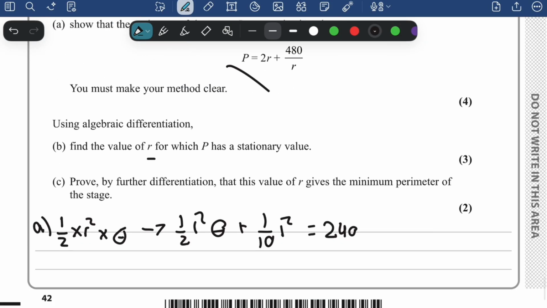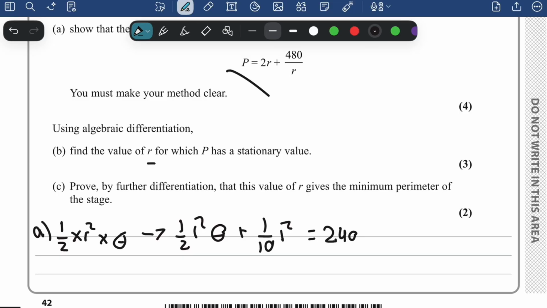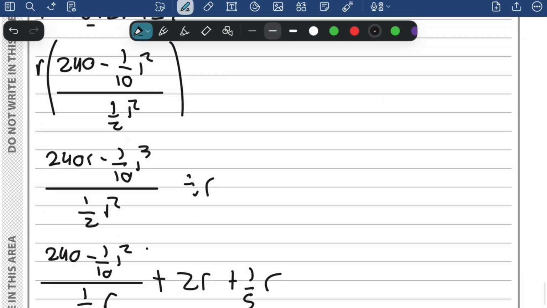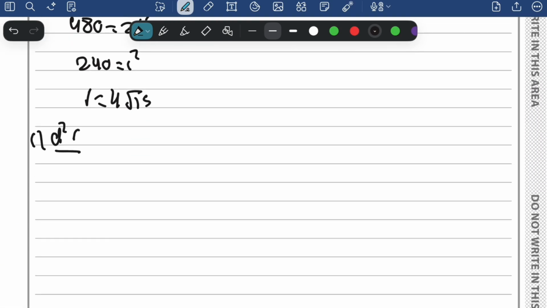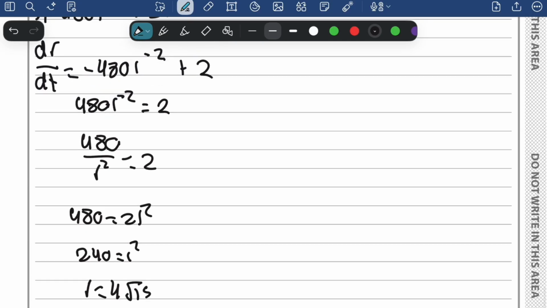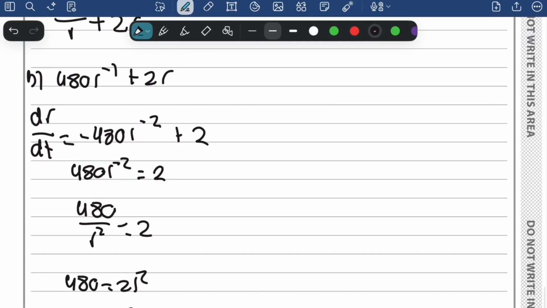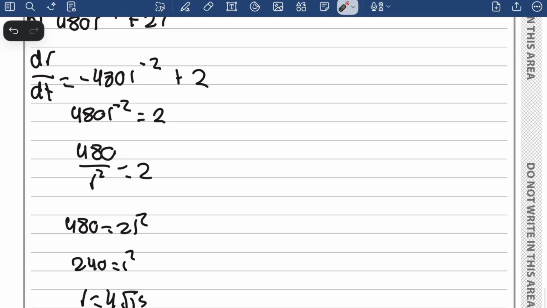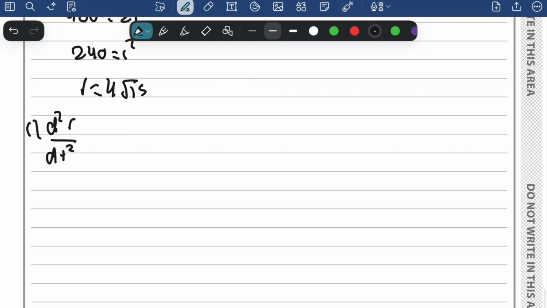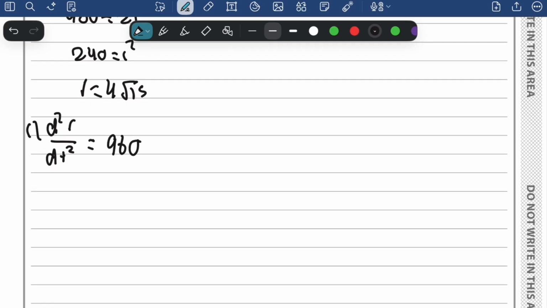Now part C, prove by further differentiation that this value of r gives the minimum. So what do we know about the minimum? We know that the second derivative has to be greater than 0, right? So let's go ahead and find d squared p by dr squared. Well, we differentiated it to minus 480 r to the minus 2. So times by minus 2 and minus 1 from the power, we're going to get positive 960 r to the power of minus 3.